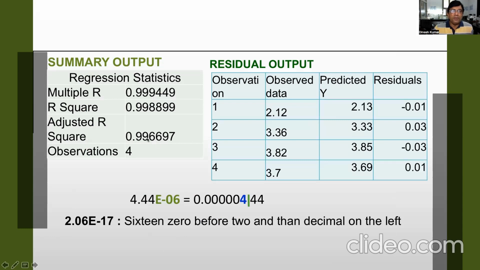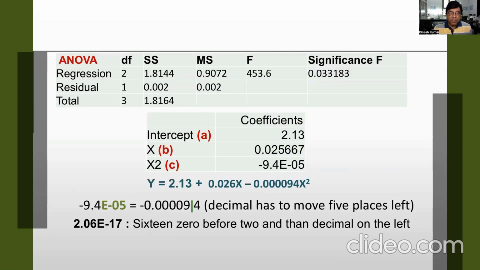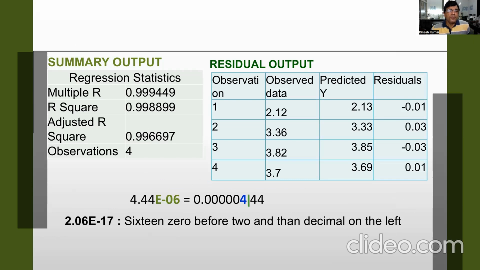So you will have this kind of summary, and one table should also be there. Yeah, this is the table. So you can see, first of all, you can see multiple R. Correlation coefficient is 0.99944. And R square, if you square this value, this will be 0.998.